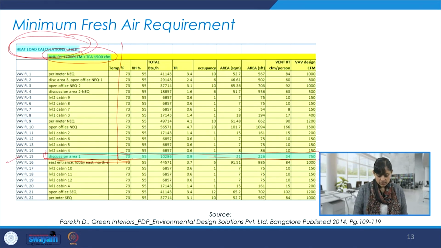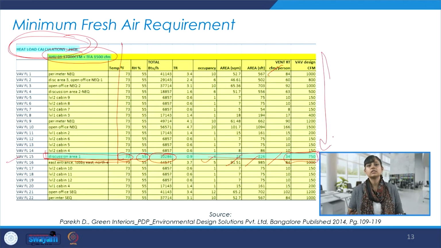So the temperature in Fahrenheit is 73, relative humidity, then there is energy, and then occupancy, area, and flow of air, all of that data, and then we come up with some numbers which help us understand what are the minimum fresh air requirements.